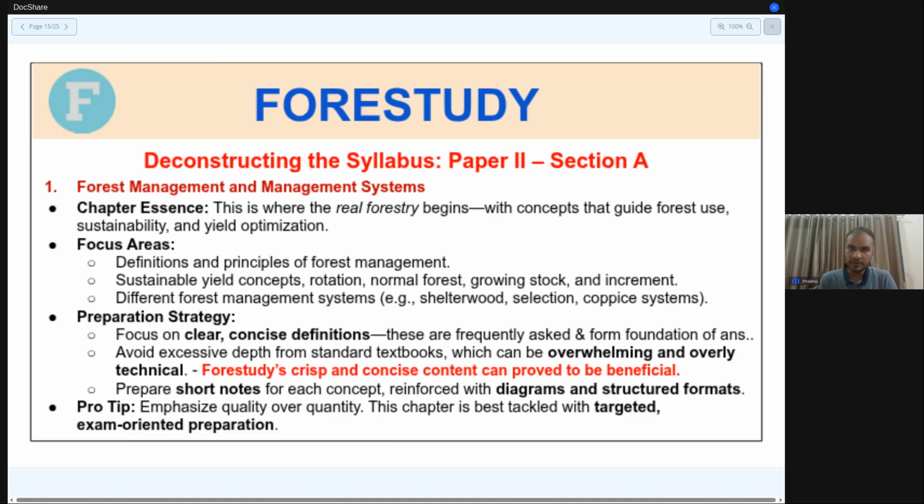Prepare the definitions, prepare the diagrams, and prepare the numericals also. There are numericals in some questions, so do that very well. In paper 2, this is one of the heaviest chapters, but if you do it selectively and concisely, it won't be an issue.